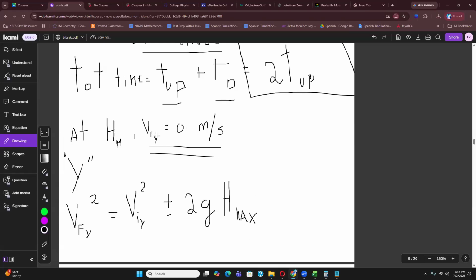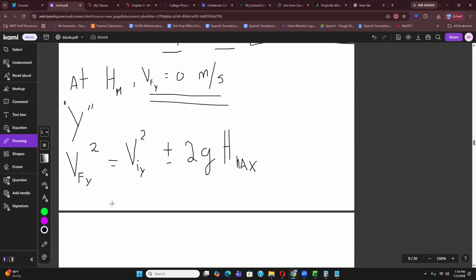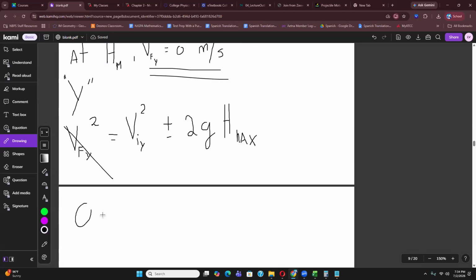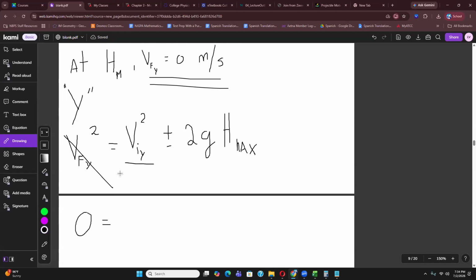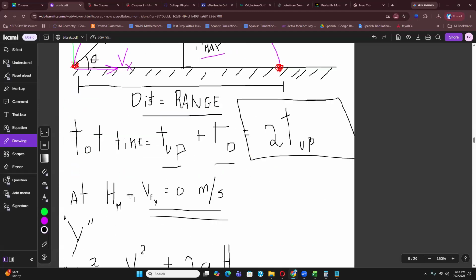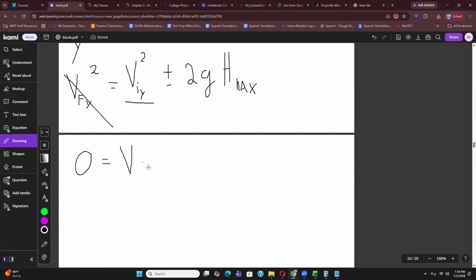At H max, V final is 0, so this is 0. Vy initial, V initial on y squared minus 2 gravity, right? So 0, V initial on y, I have it here, V sine theta, squared, minus 2g H max.